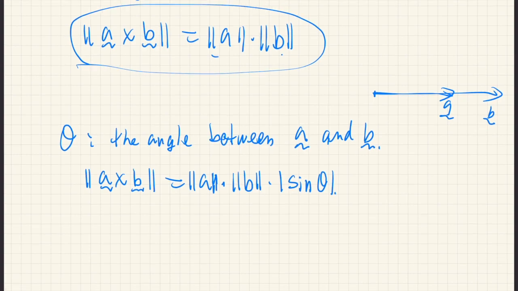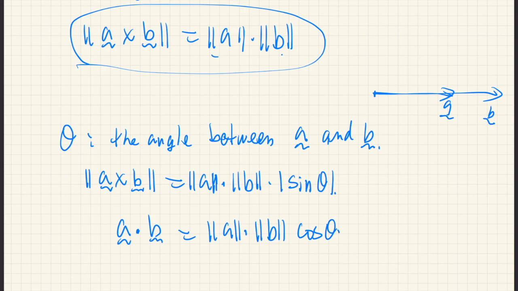Okay, so compare this with the scalar product. So A dot B is this, cosine theta.